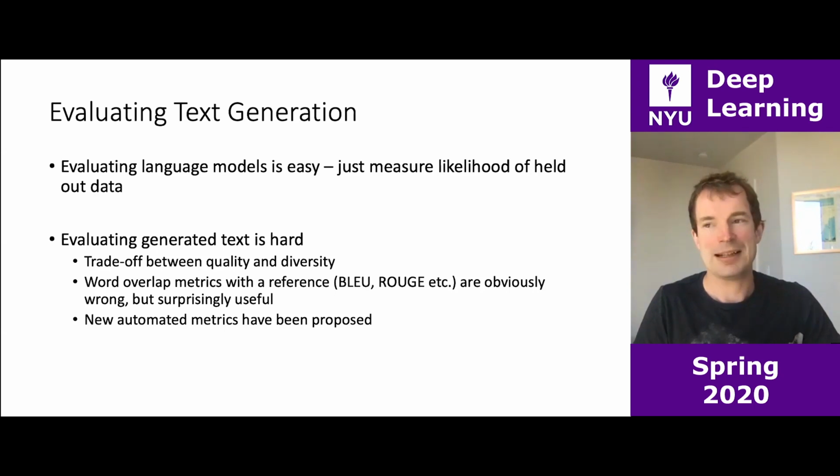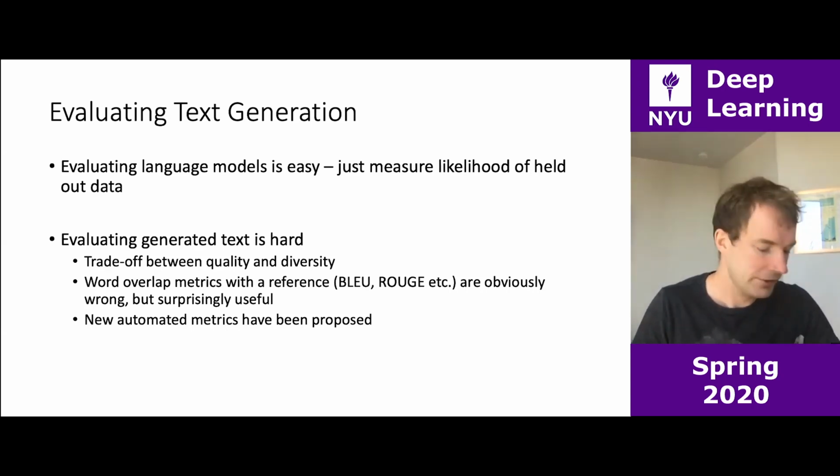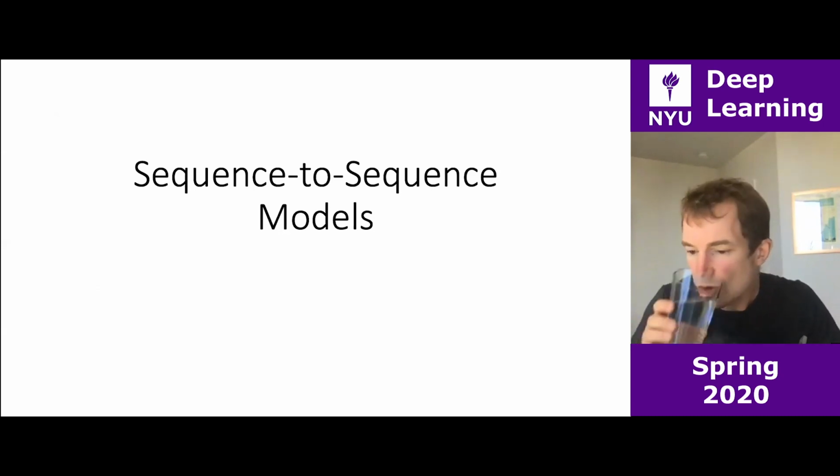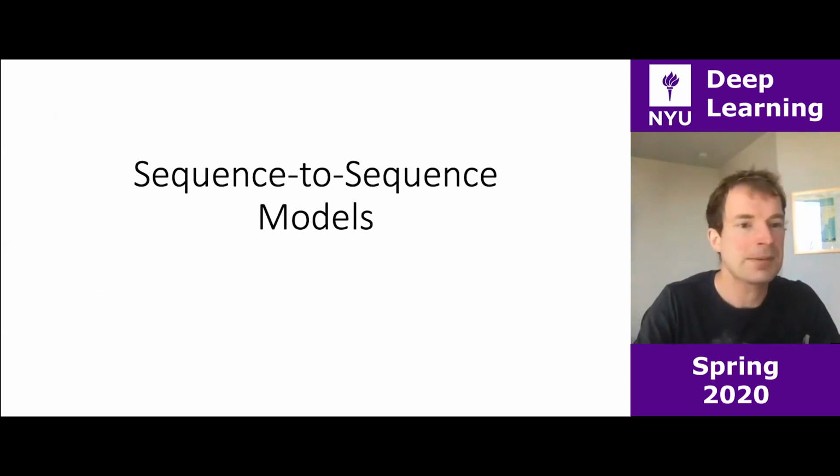People tend to use automated metrics like BLEU and ROUGE, which measure n-gram overlap with a reference, but they're not very satisfying. And this is recent research, trying to build better automated metrics. Okay. I should probably speed up a bit.